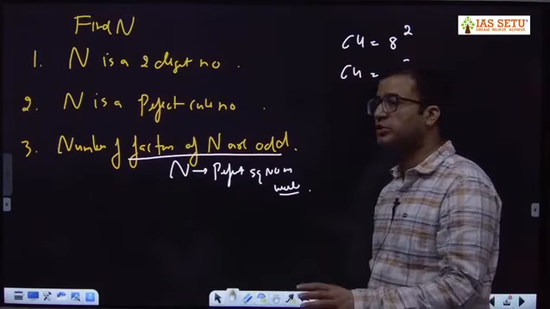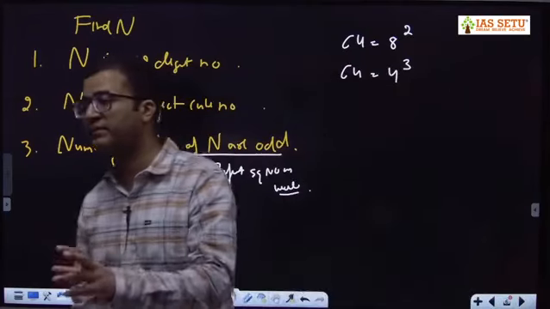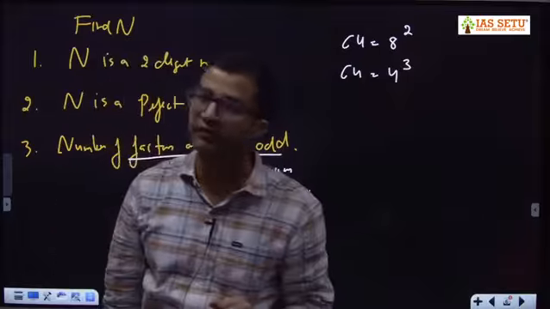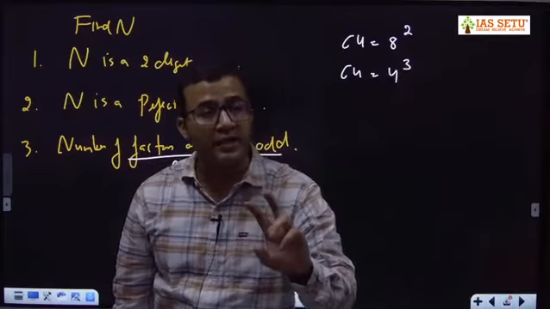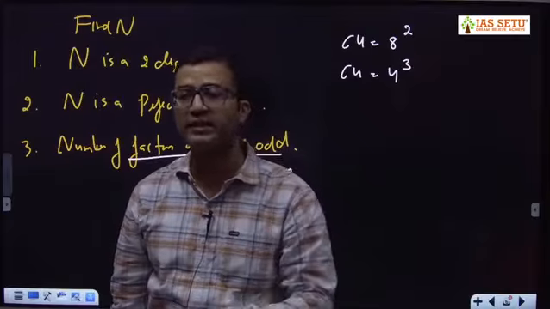I can ask a simple question: tell me a two-digit number which is a perfect square as well as a perfect cube. Or I can twist the question just to check your conceptual clarity.